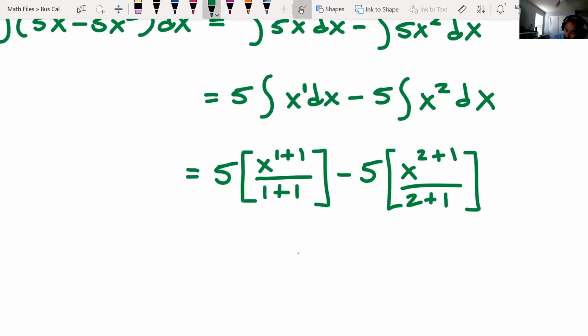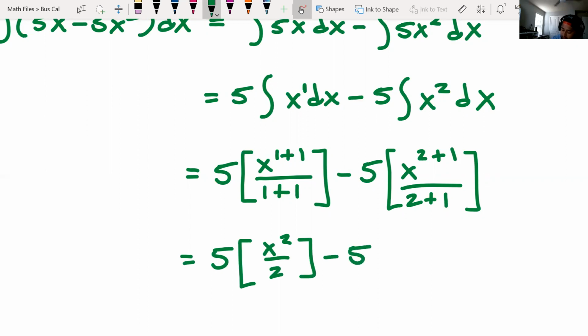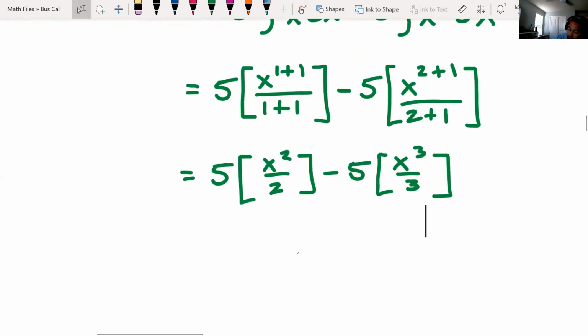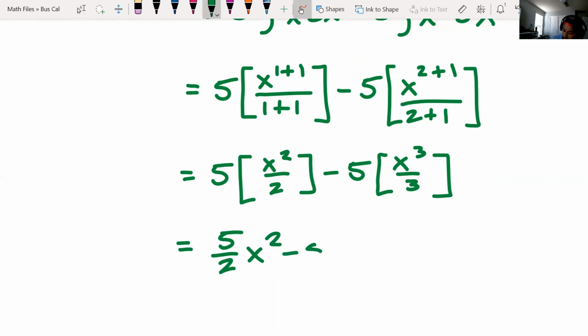Clean up. 5 times x squared over 2 minus 5 times x cubed over 3. And our final answer is 5 halves x squared minus 5 thirds x cubed plus c.